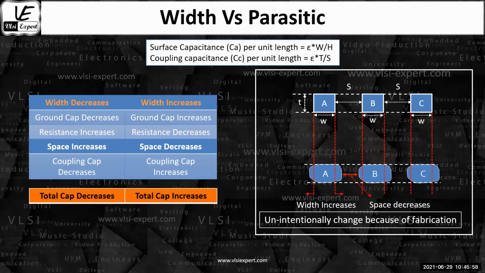But in this particular scenario, the coupling cap also increases, and this increase in the capacitance is not in your control. You don't even know what percentage of the cap is going to increase, at which particular net the cap is going to increase, and how it is going to affect our design.